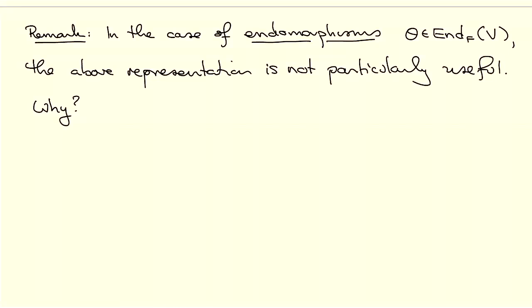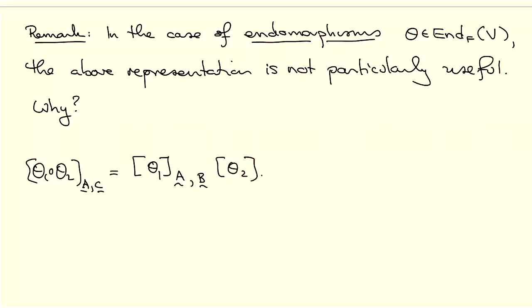And if we want to compose them, we can use our rule that theta 1 composed with theta 2 in the basis AC equals theta 1 in the basis AB times theta 2 in the basis BC.